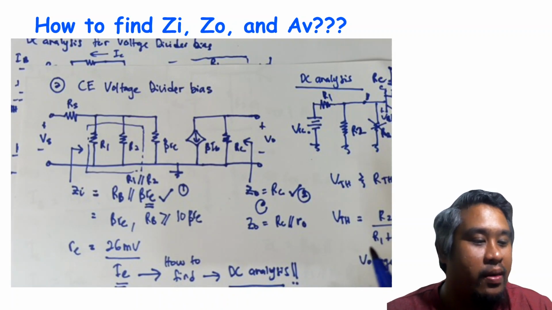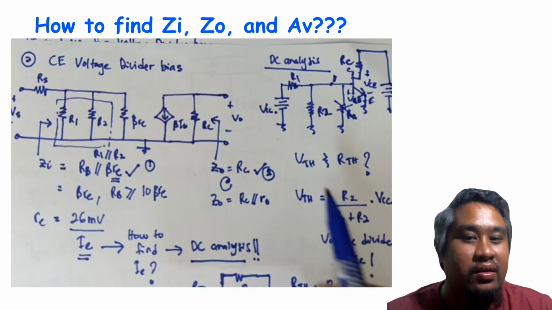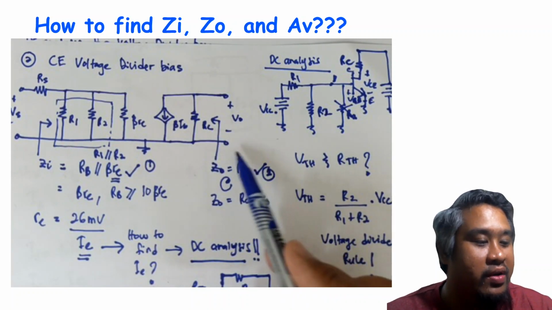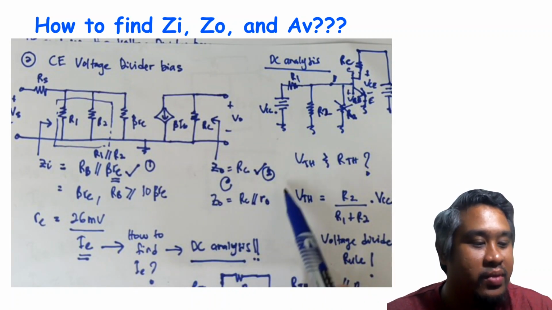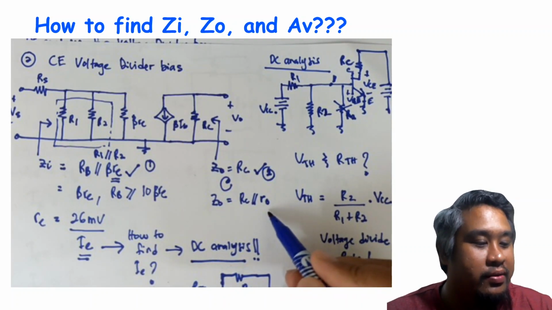Then we have RC, and by default Z out equals RC.